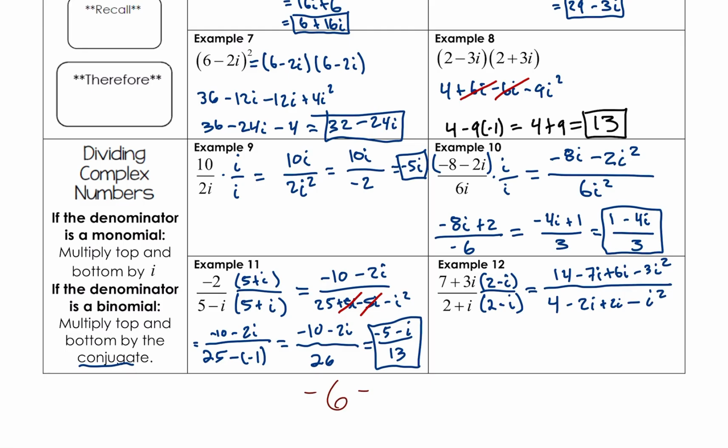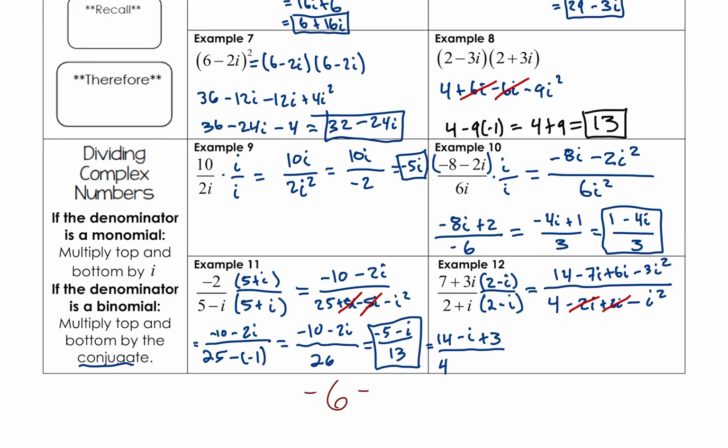Now I will combine like terms and plug in negative 1 wherever there's an i squared. So I'll end up with 14. And then negative 7i plus 6i is negative i. And then negative 3 times negative 1 is positive 3. And on the bottom, I have 4. And then this negative 2i and positive 2i will cancel each other.